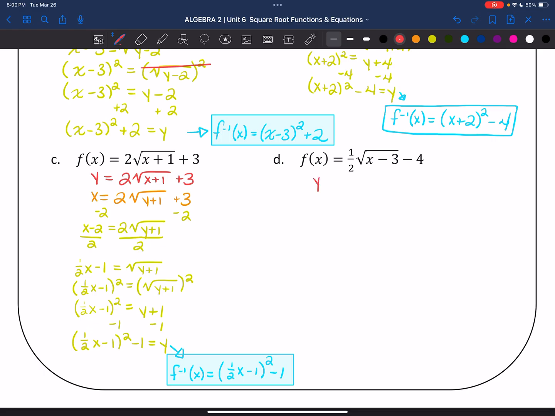All right, so you should have first rewritten and then swapped your variables. Then begun the process of solving by first undoing the subtracting by adding the 4.